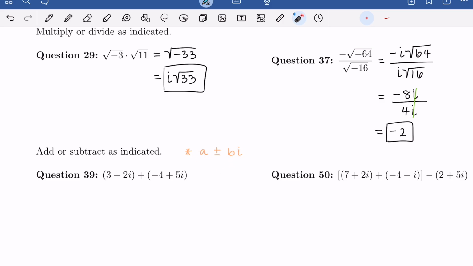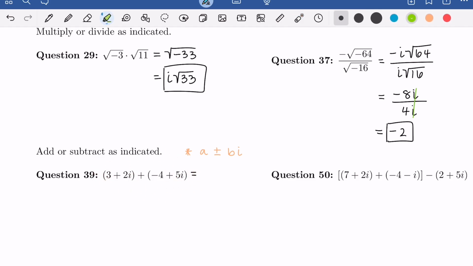So when we are adding and subtracting these complex numbers here, what we're going to be doing is essentially combining like terms. We're going to be adding the real parts together and then adding the imaginary parts together. So looking at 39 here, we have these parentheses around our complex numbers, but we just have an addition in between them and nothing multiplying them, so we can drop these parentheses here.